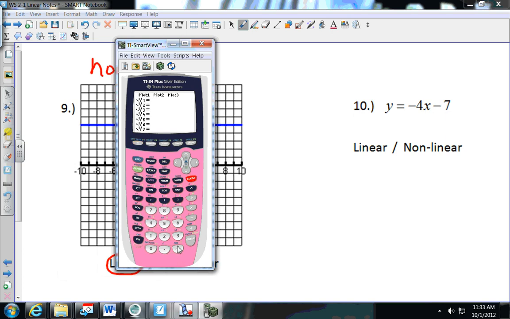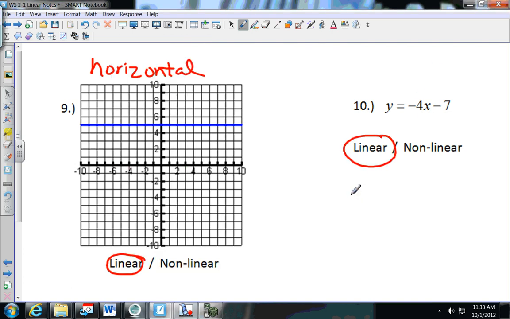And we'll put in there negative 4x minus 7 and press graph. Does it make a straight line? Yes. Is this line increasing or decreasing? It is decreasing. It is going down. It is linear. And we'll just write on there that it's decreasing just to help us remember what we've already learned.